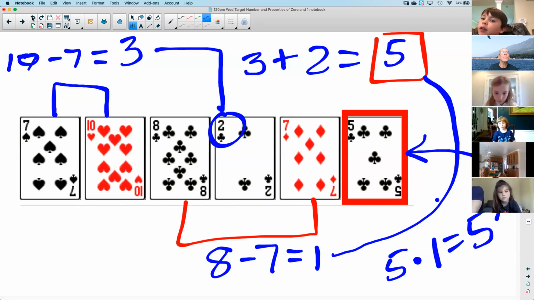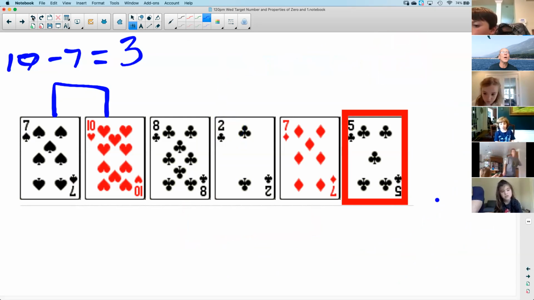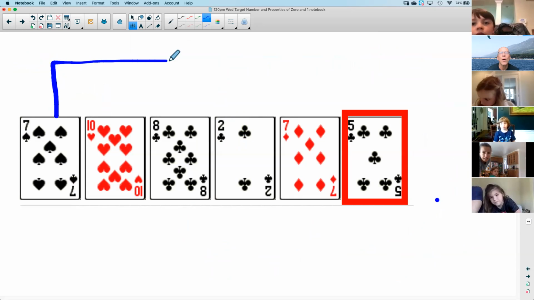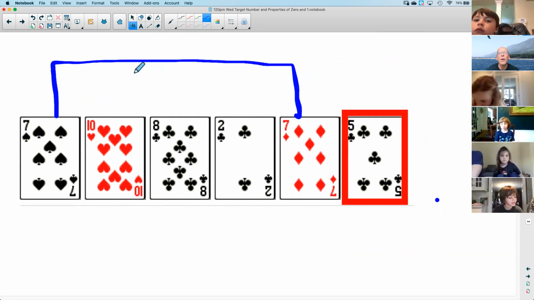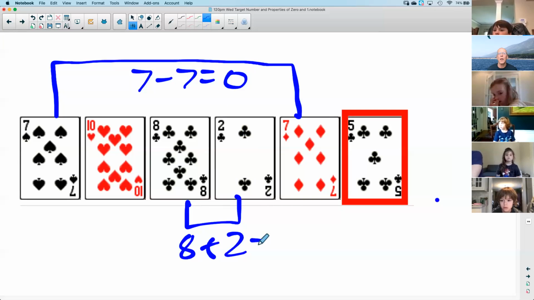Go, Gabe. 7 minus 7 equals 0. Wait, say it again. 7 minus 7 equals 0. 8 plus 8 equals 8. 8 plus 2 equals 10. 10 minus 10 equals 0. And guess what?